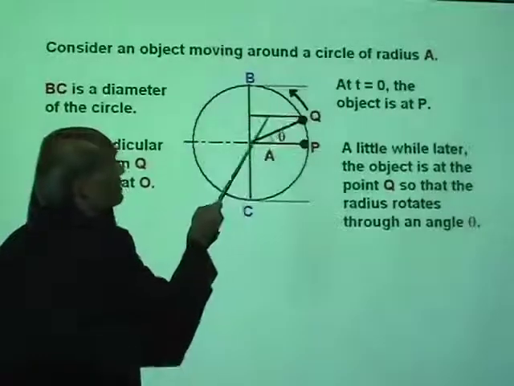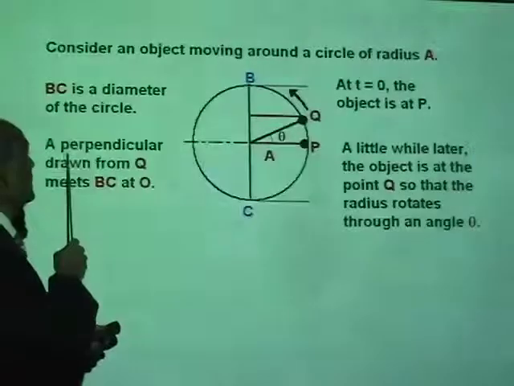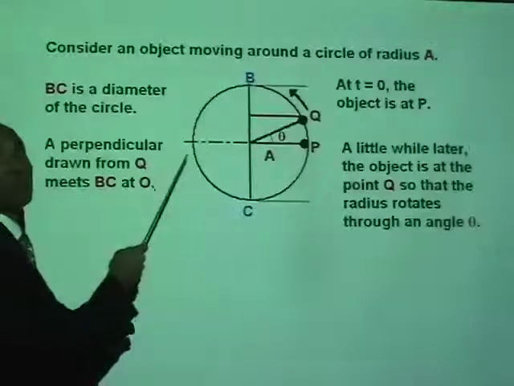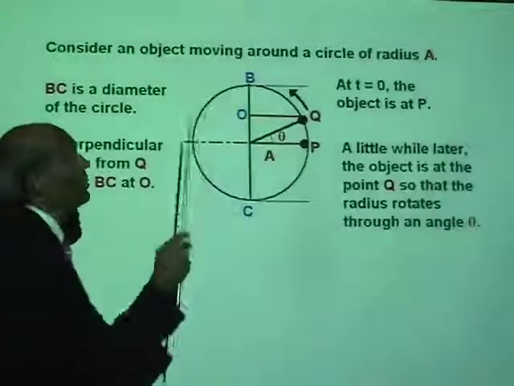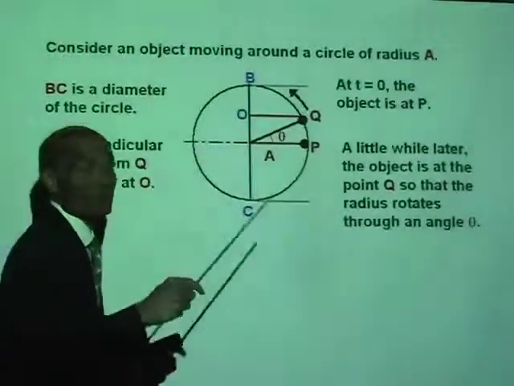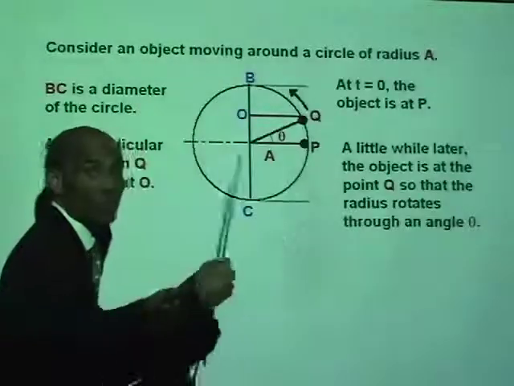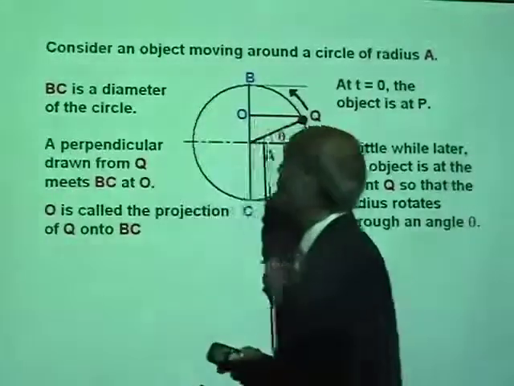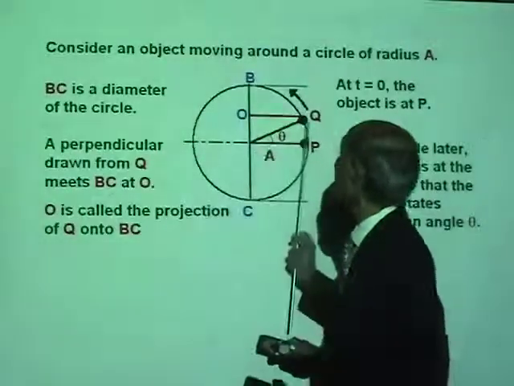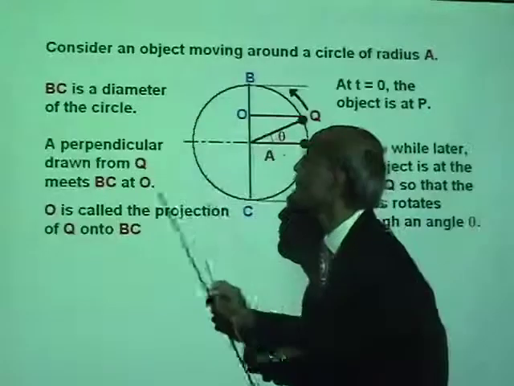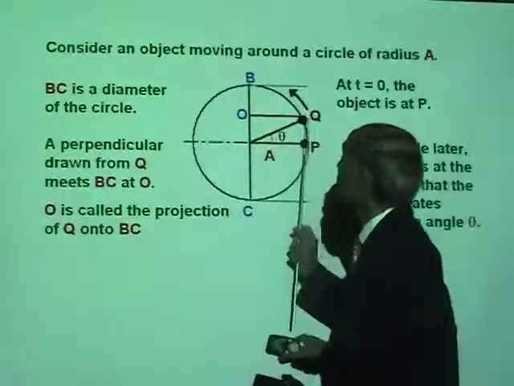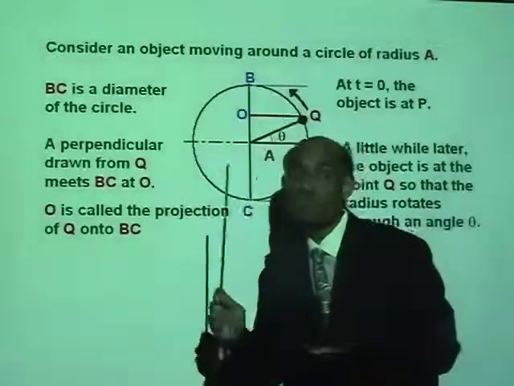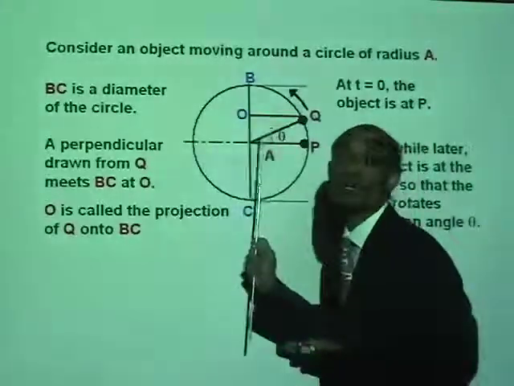A perpendicular drawn from Q meets BC at O. Now take note of all these small developments. O is called the projection of Q onto BC.